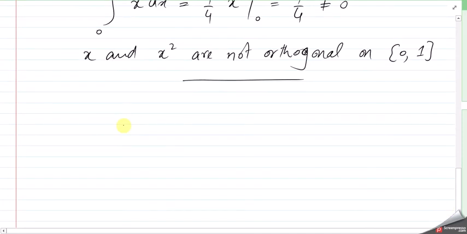Right. Let's do a quick example, another quick example. So the question is exercise 12.1 and question number 4.